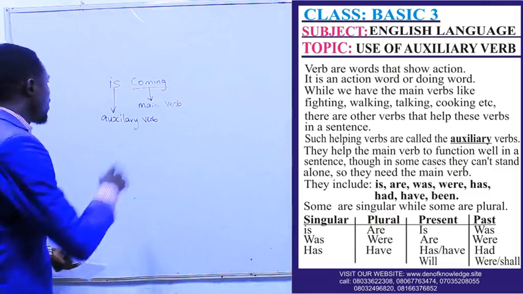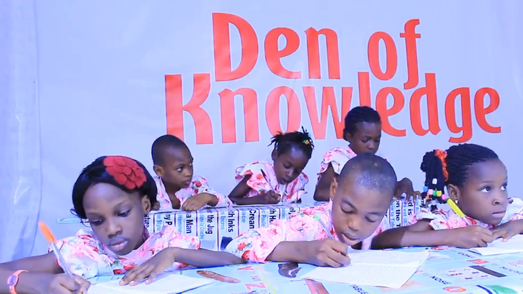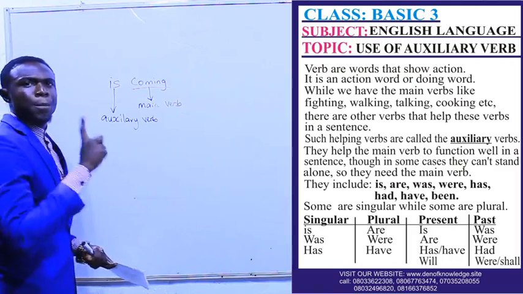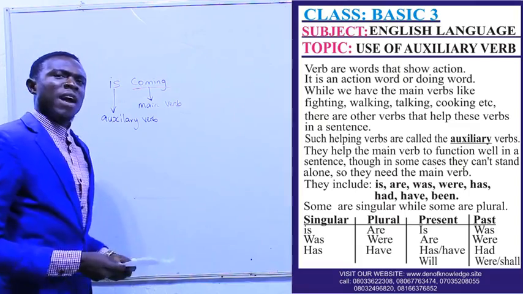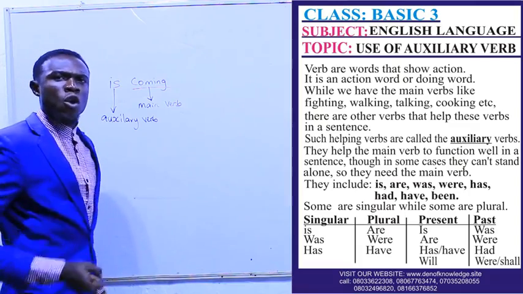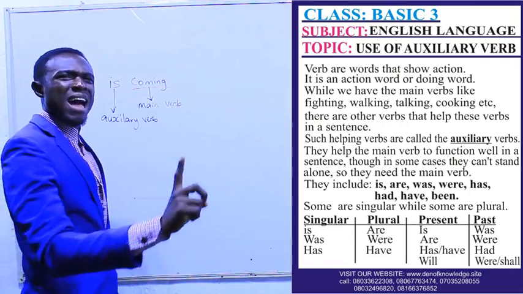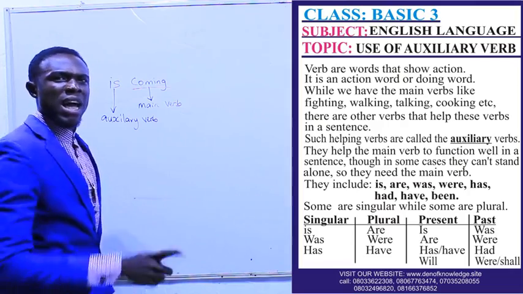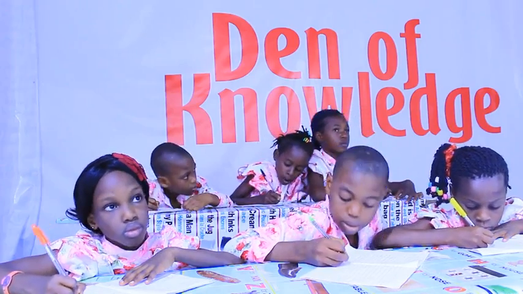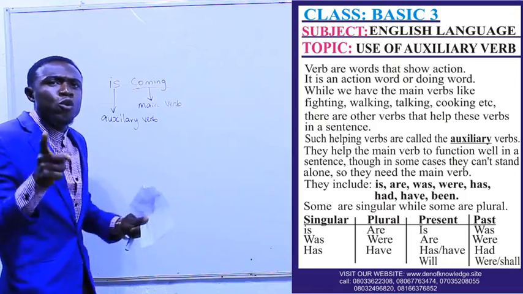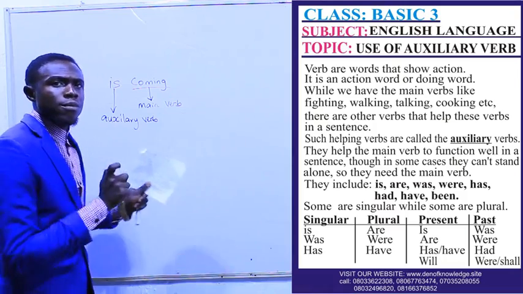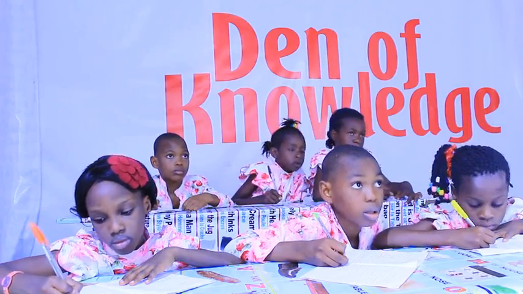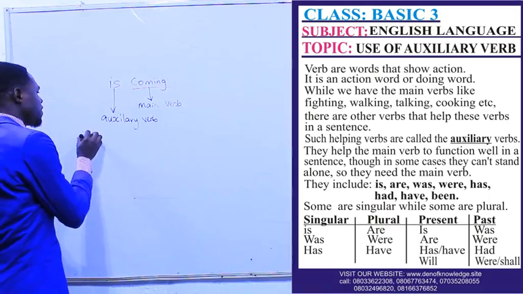Now, mind you, there are singular and plural auxiliary verbs. There are some auxiliary verbs you use when you refer to a singular thing or singular noun, while there are some auxiliary verbs you use when you refer to a plural noun. Example, is.